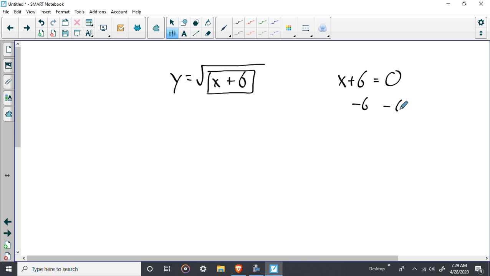And we're going to subtract 6, we're going to say x is equal to negative 6. So again, we know that that is our endpoint, that our domain is either going to start at negative 6 or end at negative 6. In this case, because this number here is positive and there's no negative on the outside, we know that everything is going up. So your domain is going up and your range is going to be going up. Okay?